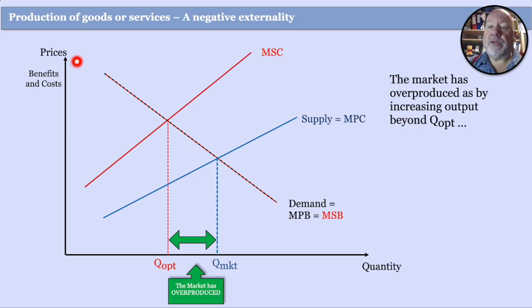So up to this point here, the social benefit, here it is running down here, is in excess of social costs. So we would give that a tick. We should be producing that level of output, any of these levels of output here. But the question that you need to consider in your analysis is, should the market produce beyond Q opt? And so you take the social cost, here it is, that's the marginal social cost.